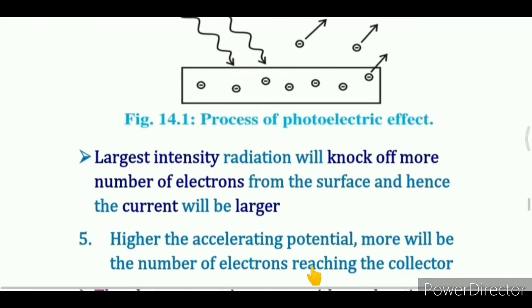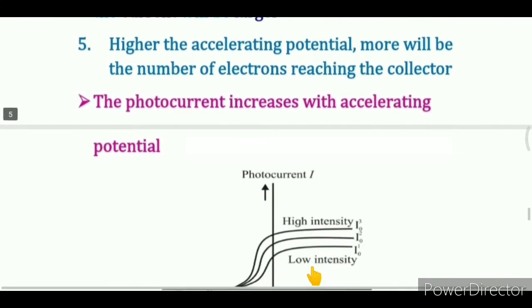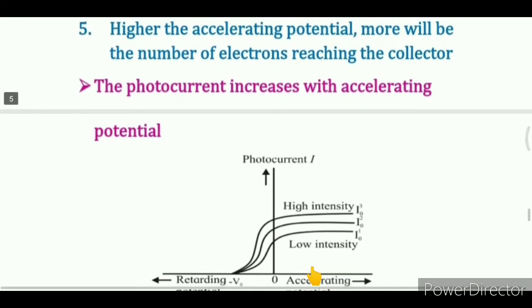Next is: higher the accelerating potential, more will be the number of electrons reaching the collector plate. Once the electron is emitted from the surface, if the collector is at a higher potential than the emitter, then the electric field will accelerate the electrons towards the collector.